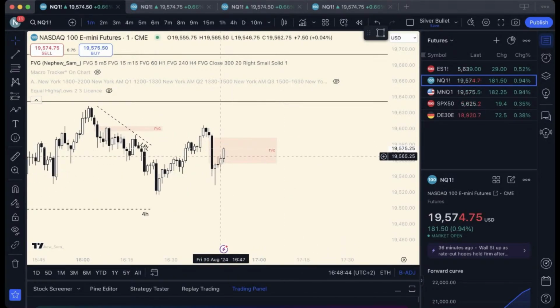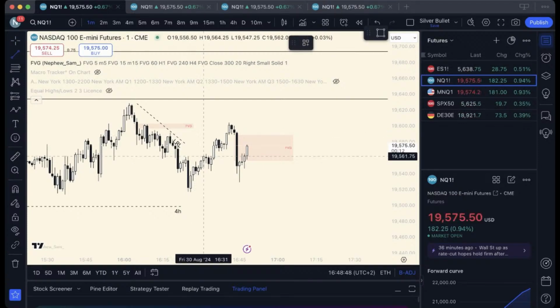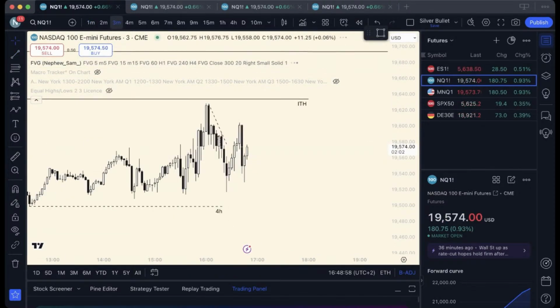Okay, I also don't like this candle, because with this candle we already swept the internal high, internal low. So no, I'll just stay still, and yeah, wait for another setup.